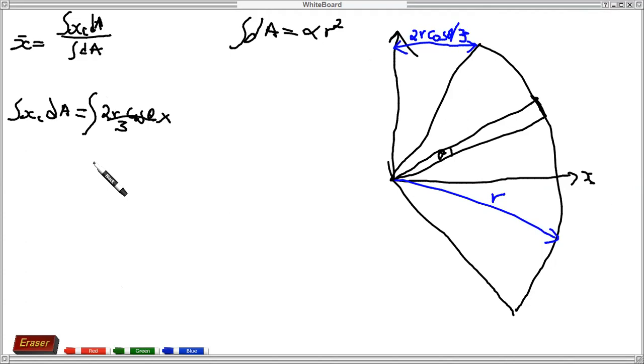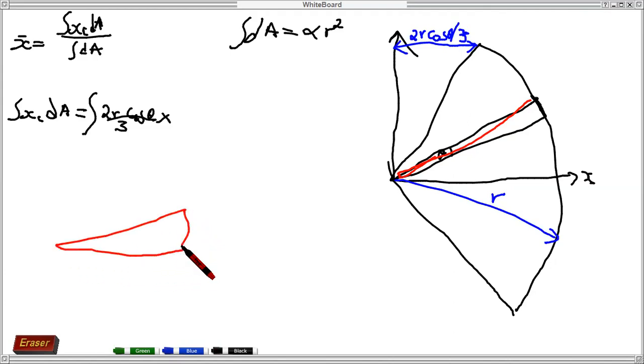That dA part is this portion of this small triangle that you have here. It looks like this small piece, having a small angle here like that.